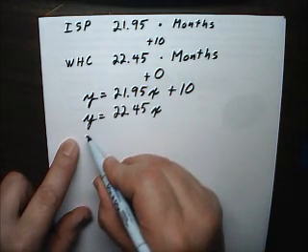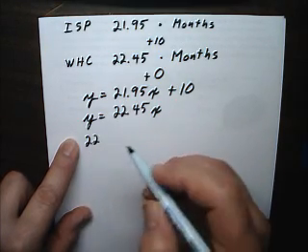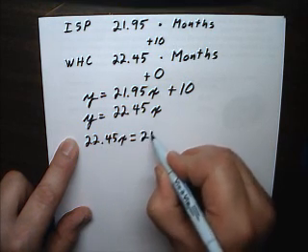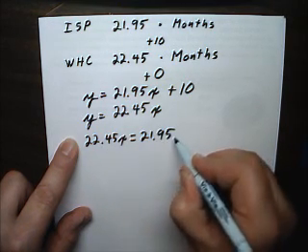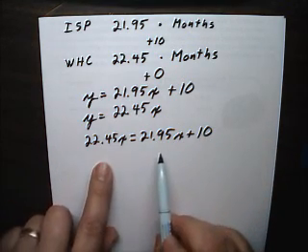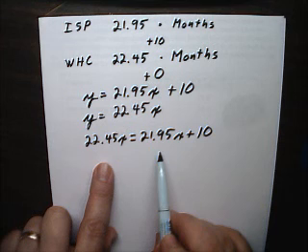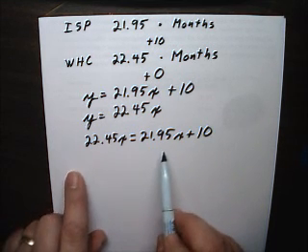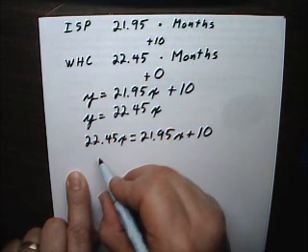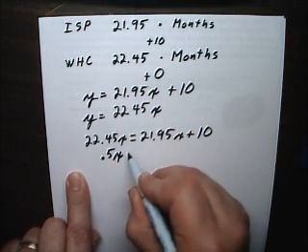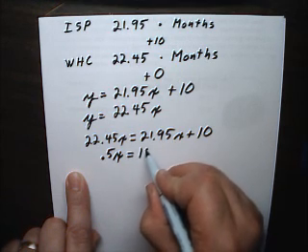So that's 22.45x equals 21.95x plus 10. And now I'll minus 21.95x to both sides. And 22.45 take away 21.95 is 0.5. So I end up with 0.5x equals 10.